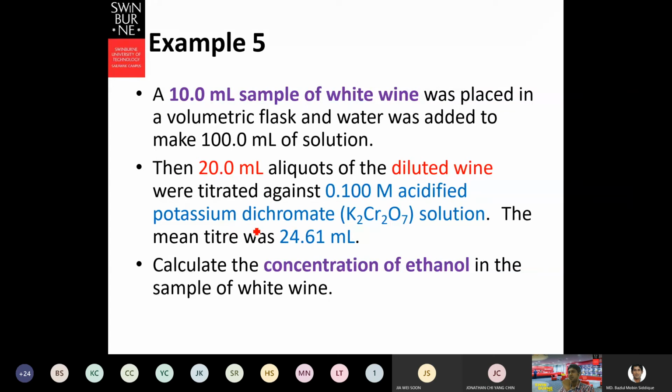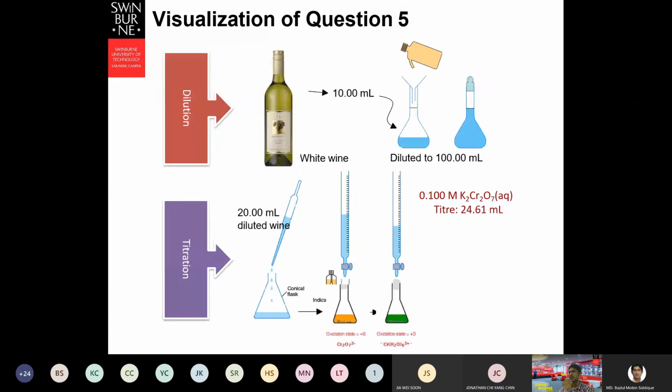How is the concentration or percentage of ethanol in the solution?